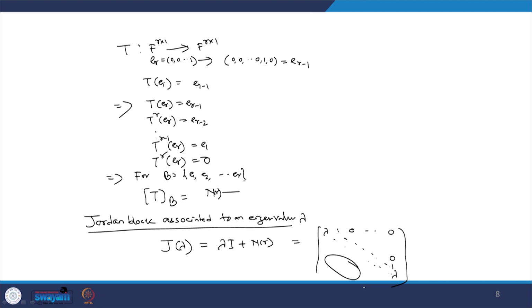Okay. So, based on these definitions of the Jordan block associated to eigenvalue lambda and the Jordan nilpotent block N, let me also use one theorem related to a nilpotent operator or nilpotent matrix of index r.